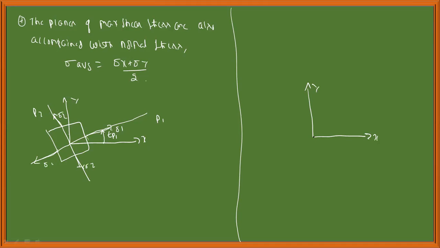Next, I should also indicate the maximum shear stress plane. If theta s1 is positive, I'll rotate it in the counterclockwise direction. This is theta s1, this is plane s1. Perpendicular to it will be plane s2. I have to draw the plane like this.